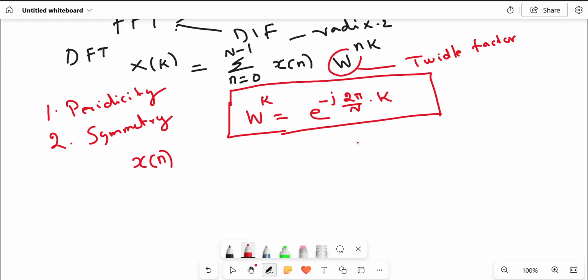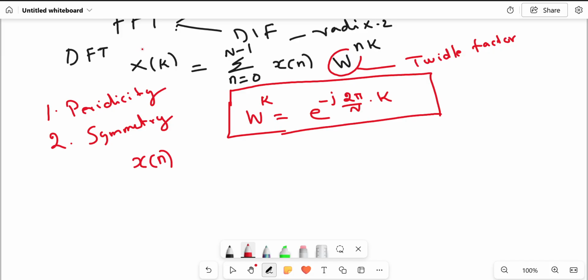So the direct computation of an N-point DFT requires N squared complex multiplications and N into N minus 1 complex additions. To reduce the computation, the FFT is developed, in which the base radix and N are related by N is equal to r power m.